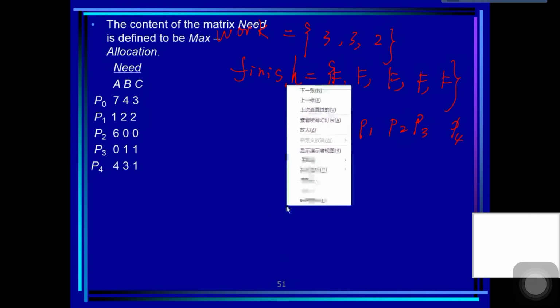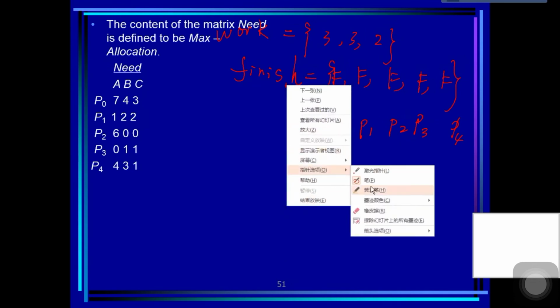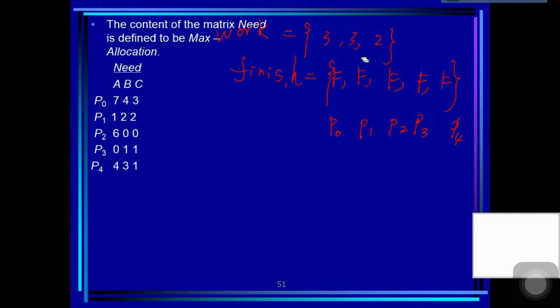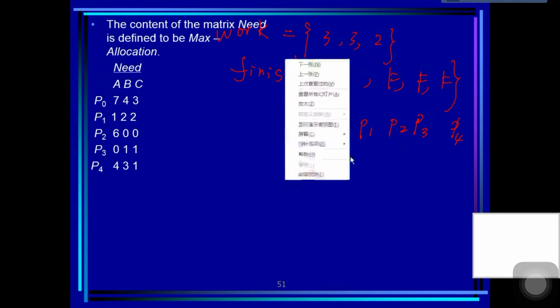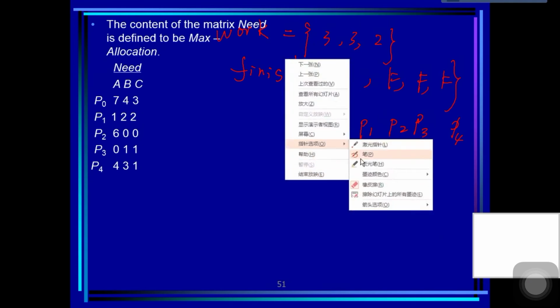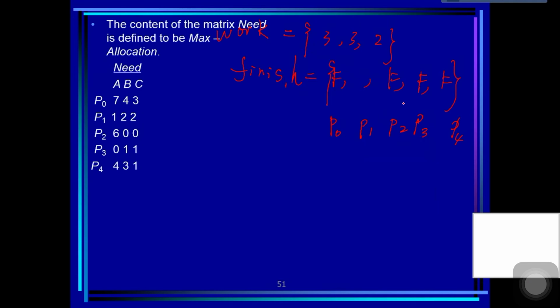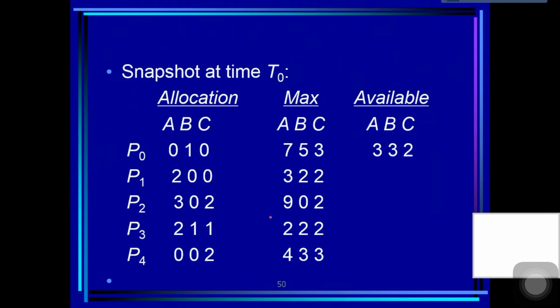So first, we can see that we suppose P1 can finish. Sorry. And we can see P1 can finish and return its allocated resource to the system.